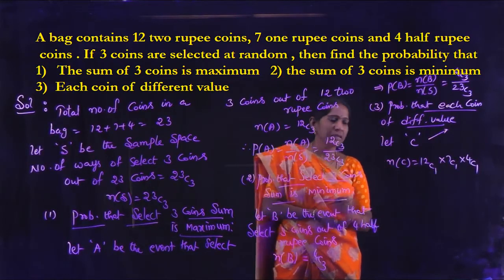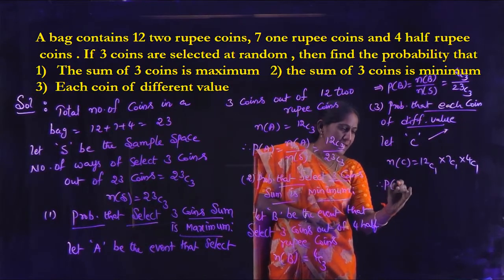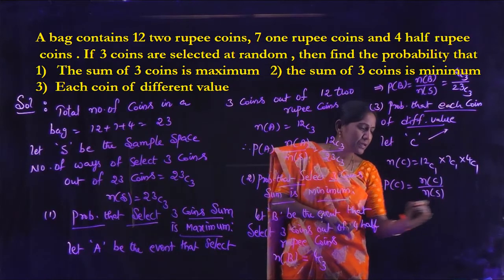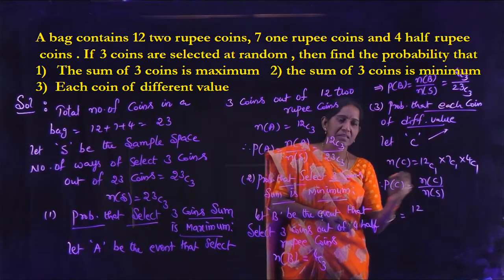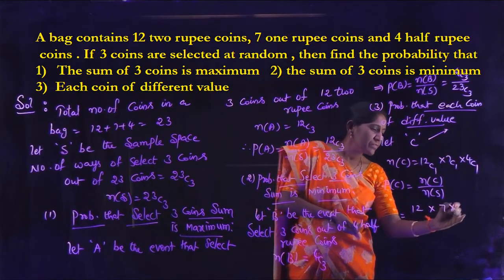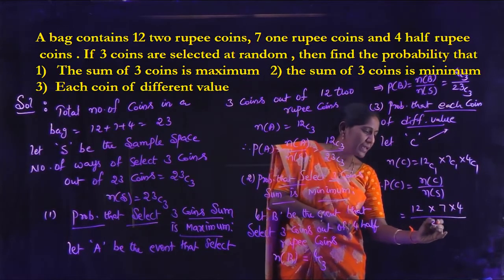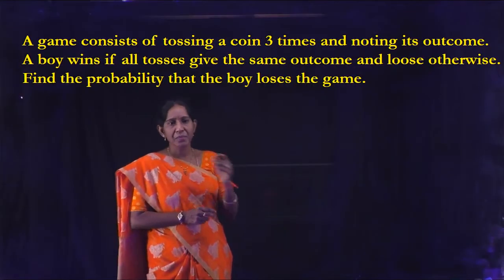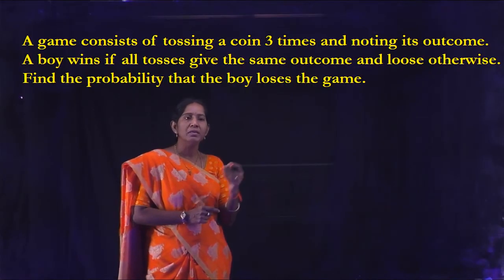Therefore, P of C, that is n of C by n of S, has the value 12C1 is 12, 7C1 is 7, 4C1 is 4, by n of S, that is 23C3. Find the probability that the boy loses the game.